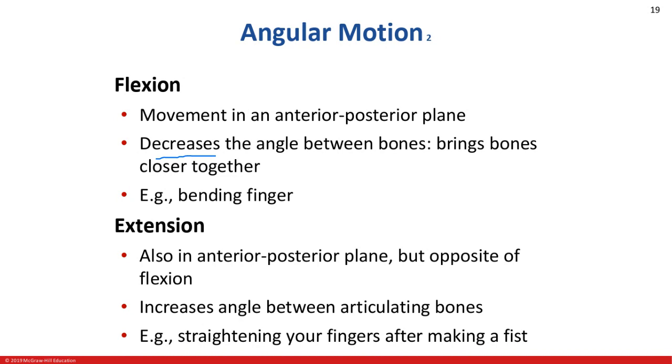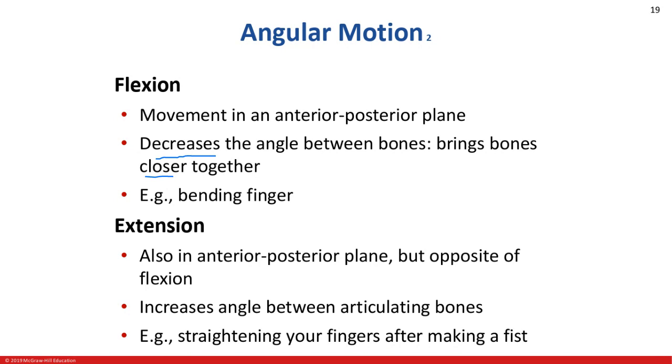So I'm bringing the bones closer together, just like with your finger. If we bend our finger between the proximal phalange and the middle phalange, like, hey, come here, then I'm actually bringing those two bones closer to one another. Extension is the same thing.